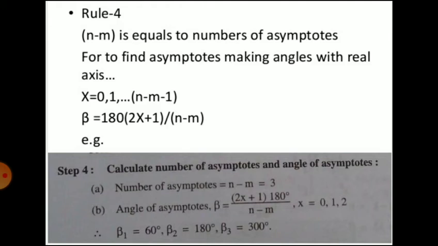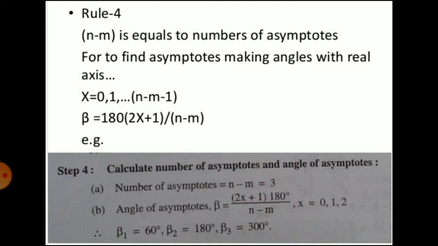That depends upon the number of poles and zeros. Those values you have to take for q, and for that you have to find theta.